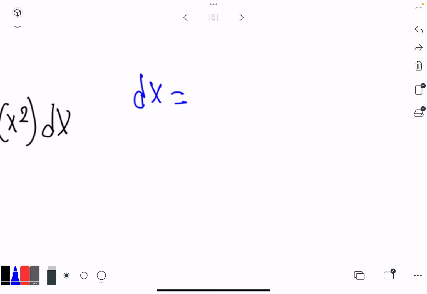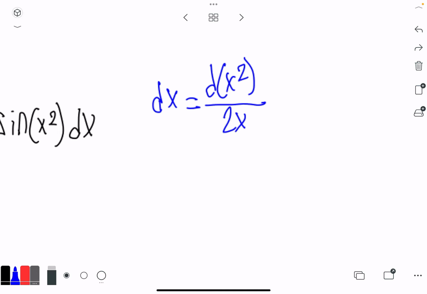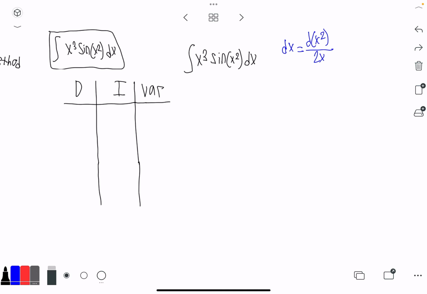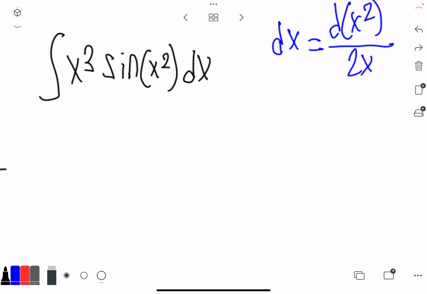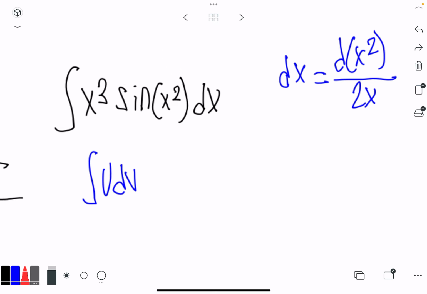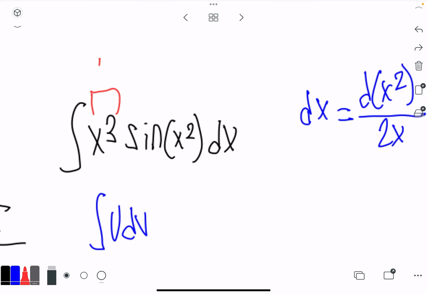Now after doing the substitution, let me just write it again. dx is equal to dx squared over 2x. You can think of it as writing it in terms of u dv. So in this case, this is u and this is dv.